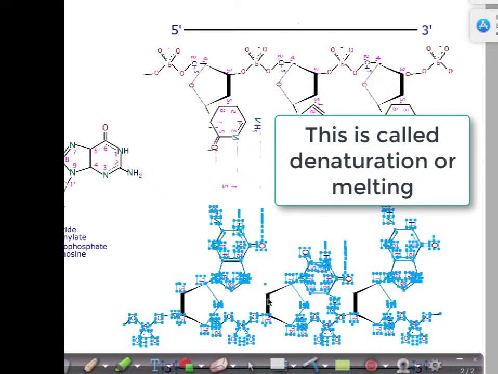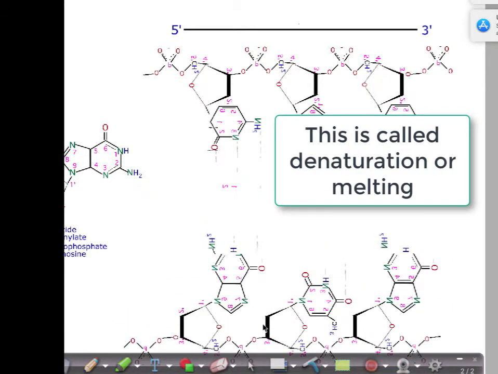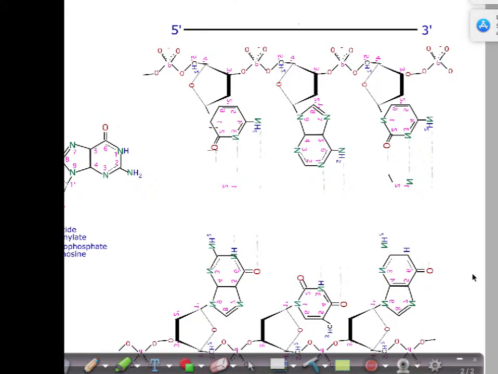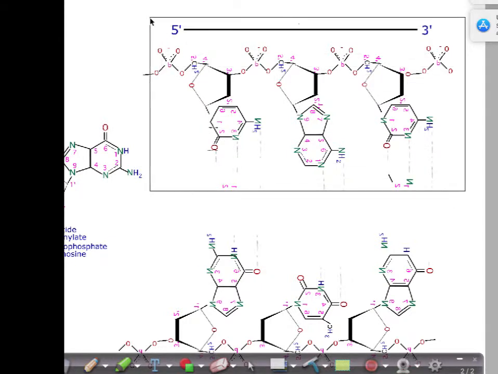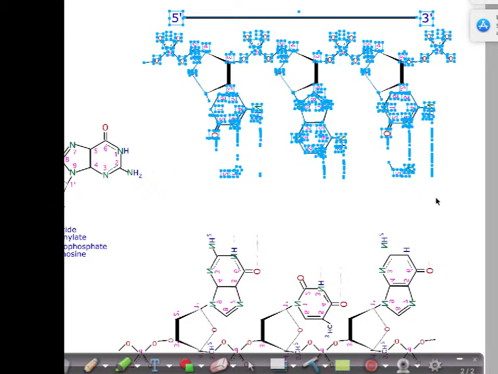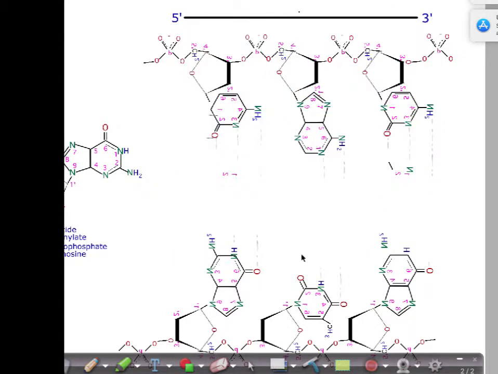That is that melting or denaturation process that takes place. So now what happens is with the 2 strands far away from one another within the transcription machinery, this opens up the bottom strand to be used to build the RNA.